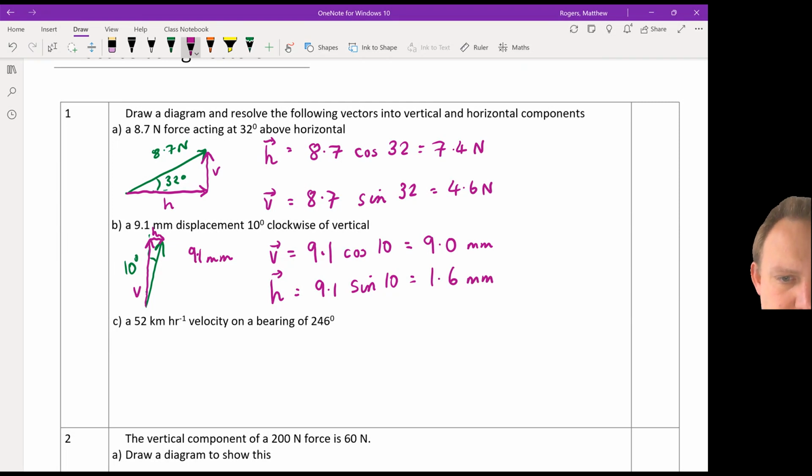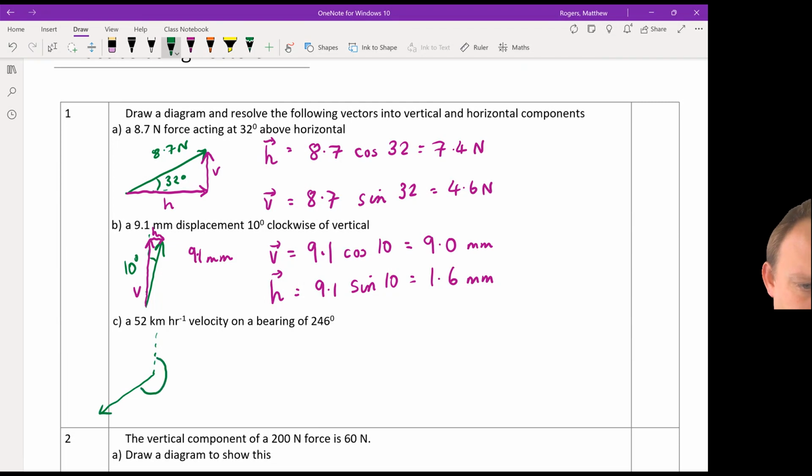The last one, a 52 kilometers per hour velocity on a bearing of 246. So 246 is obviously about 24 degrees short of 270.